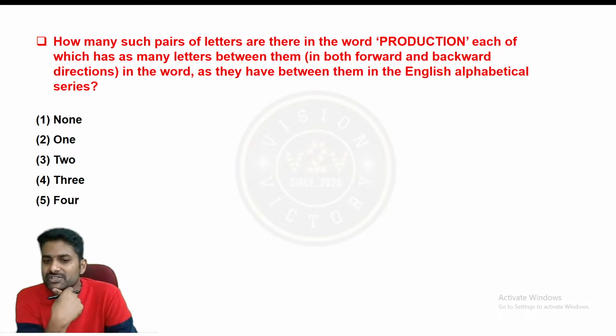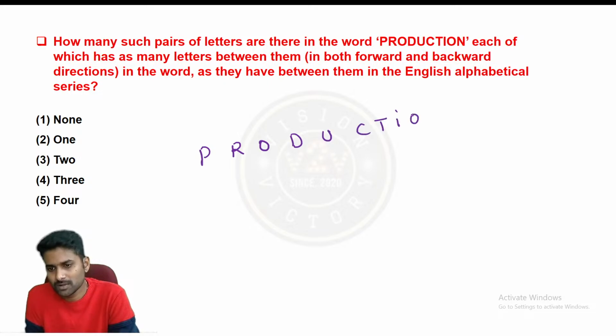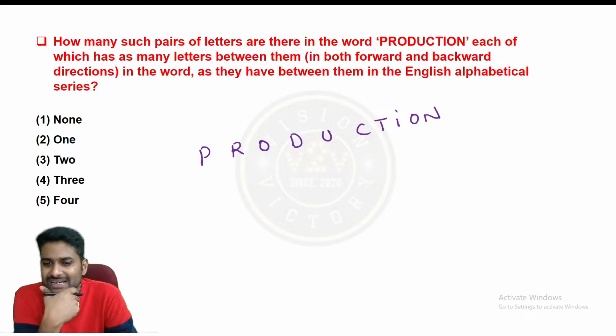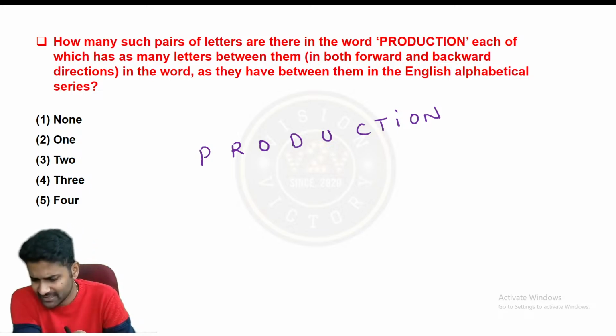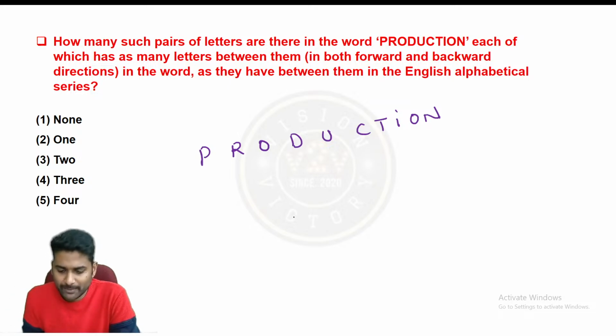Now, how many such pairs of letters are there in the word PRODUCTION, each of which has as many letters between them in the word as they have between them in the English alphabetical order? Now see, you should understand this information in this way. For example, between P and R, how many letters are there generally?